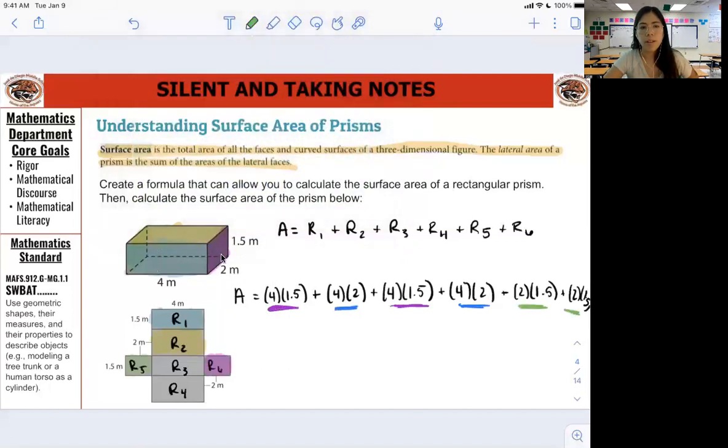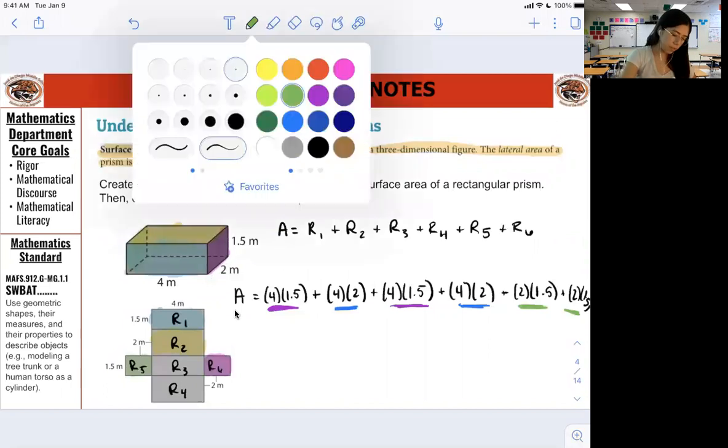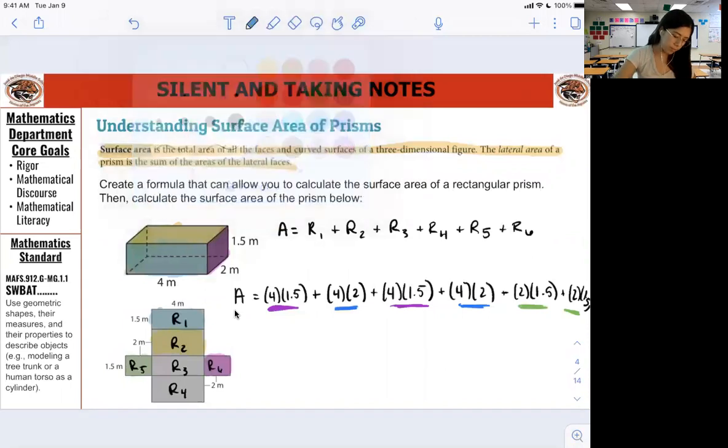On the original diagram of this prism, 4 would be the length, 2 would be the width, and 1.5 would be the height. Let me write that out really quickly. On the original one, the length is 4. The width was 2.